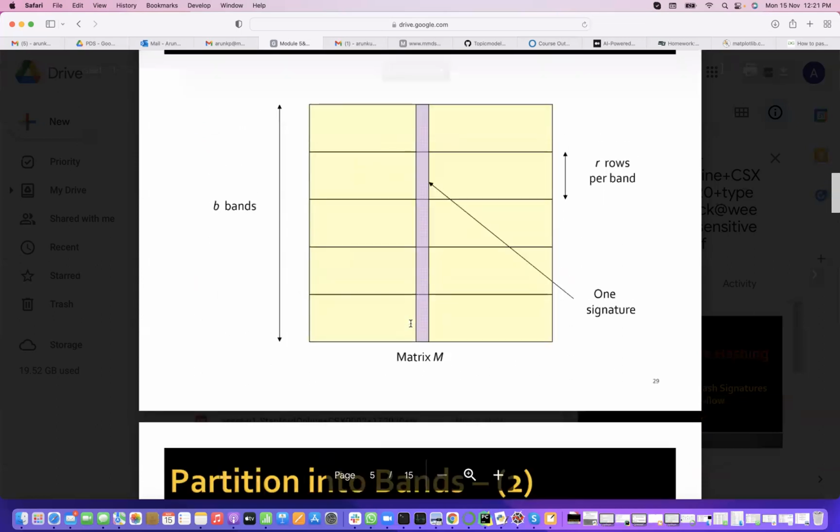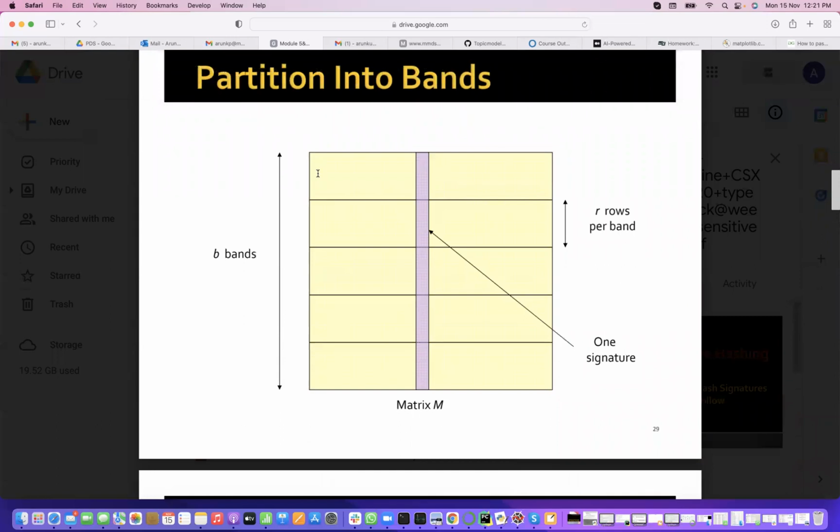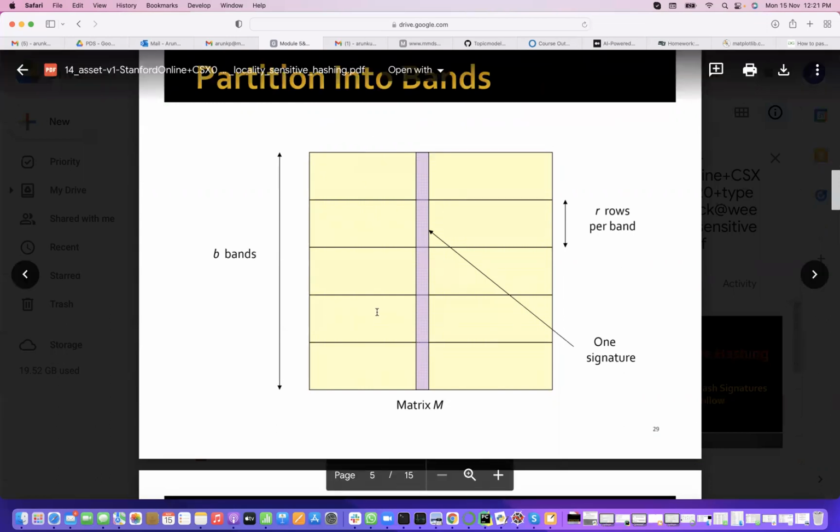What will happen if your band size is less? Instead of 5 rows, you will have only 2 rows in each band. Do you agree that two columns agreeing on the same values on 2 rows is more probable than agreeing on 5 rows? Yes. If your band size is bigger, if your band is the entire signature, then there is no question of reducing anything, right?